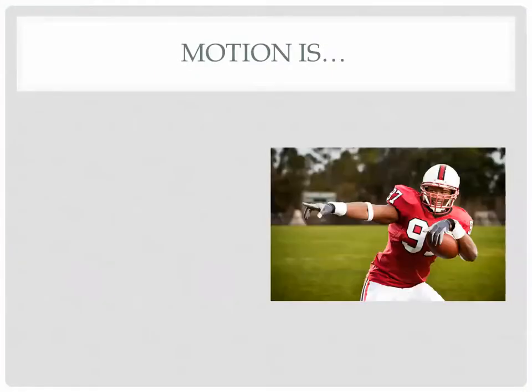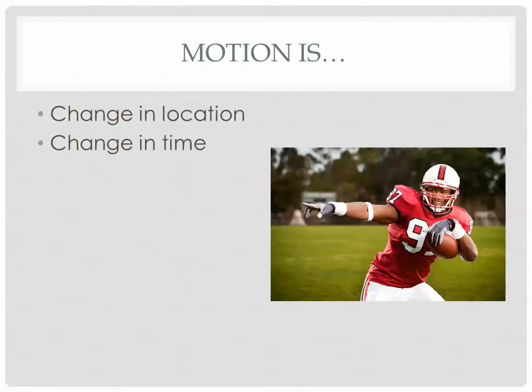We knew he was moving because we were seeing a video that was showing that Devin Hester was changing his location on the football field as time was changing. So we assume that the video is playing in real time, and every second you can see that Devin Hester is moving further and further down the field. And that's all that motion is. Motion, very simply, is a change in location referenced to a change in time.